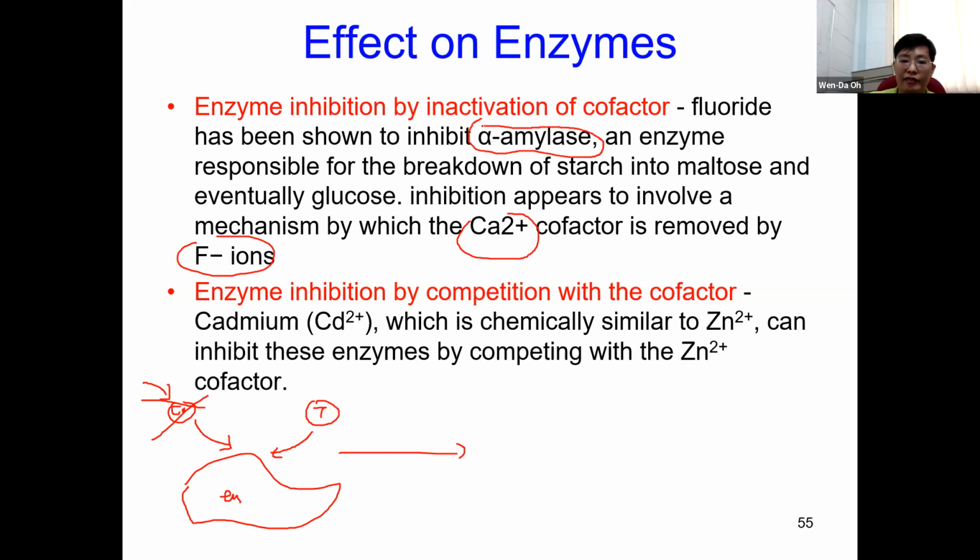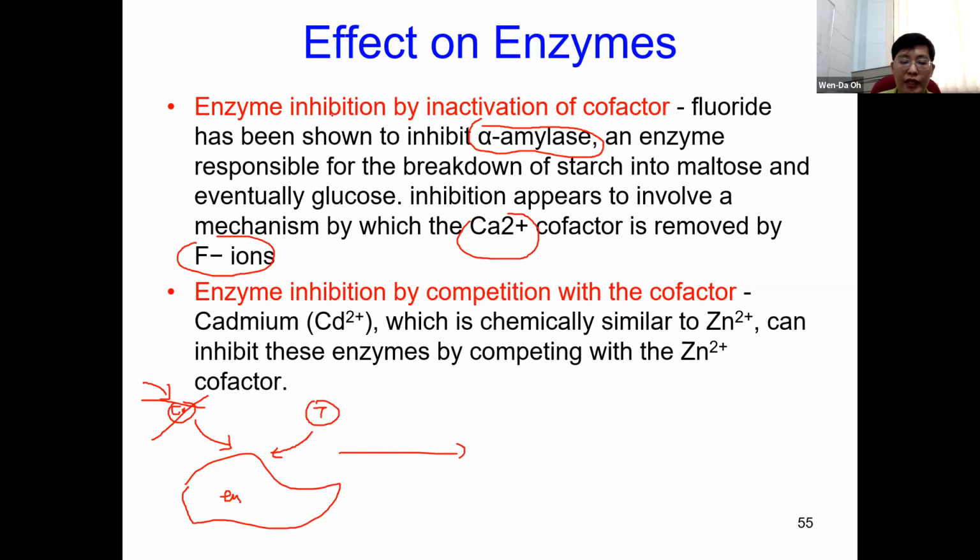This amylase is found in your saliva, and it will become less effective because the cofactor has already been removed. So the cofactor cannot regulate the action of the amylase, and that causes inactivation. The enzyme is not damaged. The enzyme is still there, it just cannot function properly because there's no cofactor for it to function.